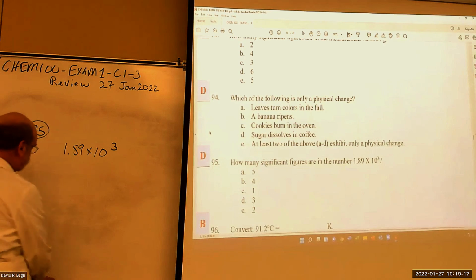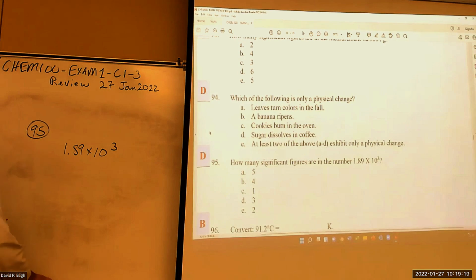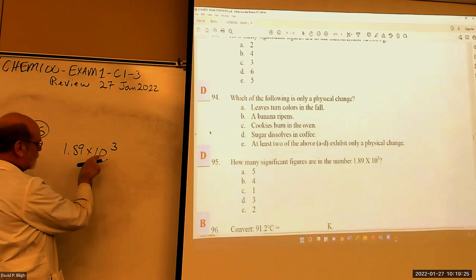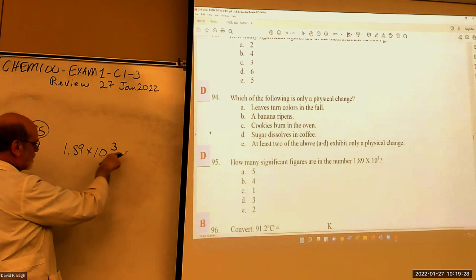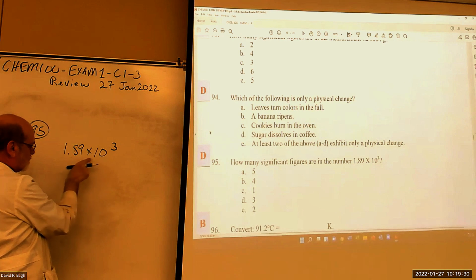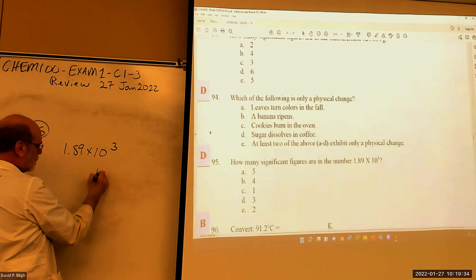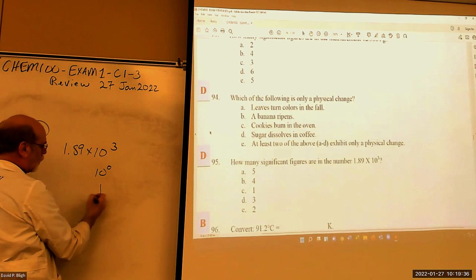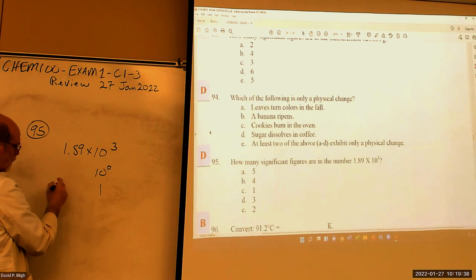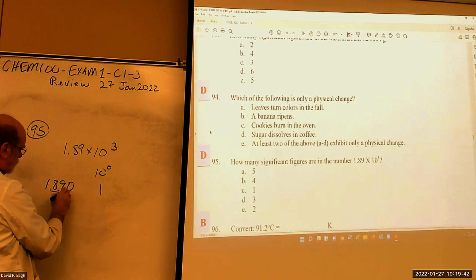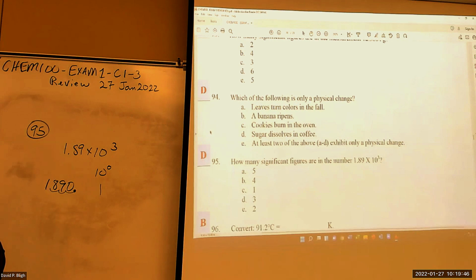What would that be in standard notation while we're here? Which way does the decimal move? If we decrease this one down to 0, which means it's equal to 1, then this one would be 1, 2, 3. 1,890.